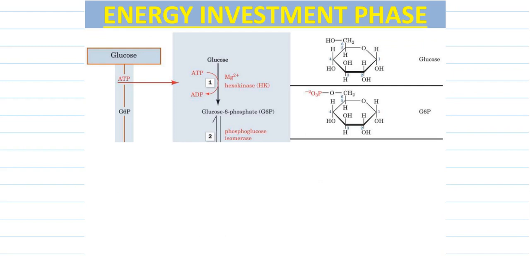So now glucose has already entered inside the cell. Now glucose will be welcomed by either hexokinase or glucokinase, the enzyme present in the cell. So hexokinase or glucokinase will welcome the glucose by giving a phosphate, and that phosphate is obtained from adenosine triphosphate. So here the ATP has been consumed.